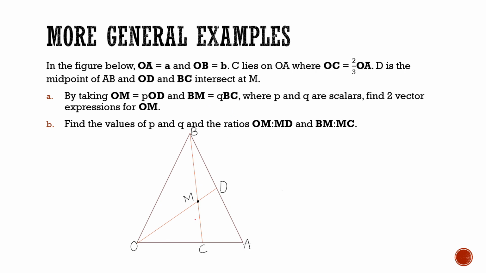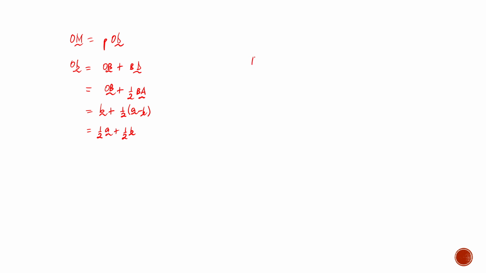Now let's look at the other equation, which is BM is equal to Q BC. We'll have to find what BC is first. You can see that BC is BO plus OC.